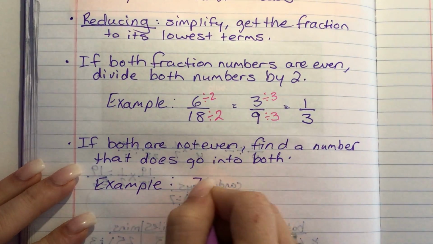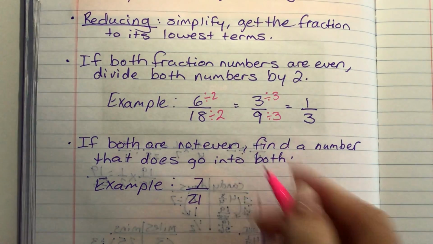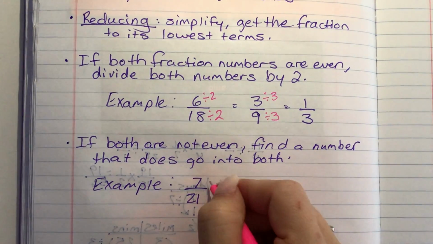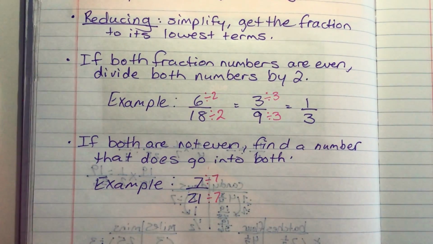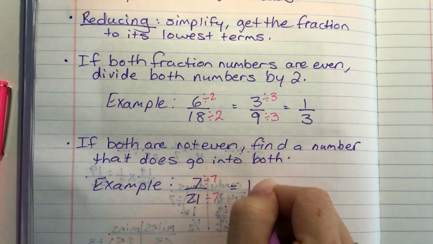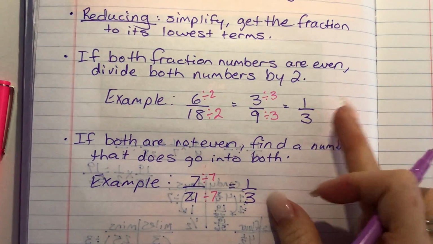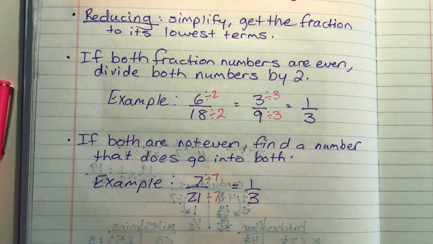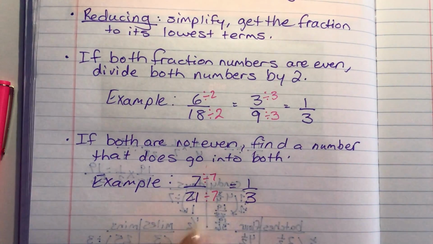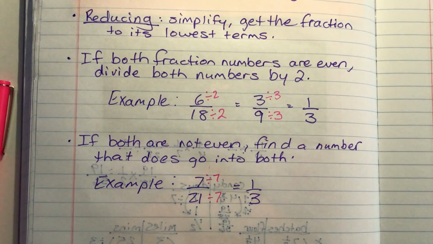For example, 7/21. Those are not even numbers, but I see they're both multiples of 7, so I can divide both by 7, and I end up with 1/3. Your answer will not always be 1/3, because I know some of you are looking at both of these ended up being 1/3. That was just a coincidence. But you're trying to get it as small as it can go. Sometimes you'll see that you can simplify it 3 or 4 times before it's all the way down.